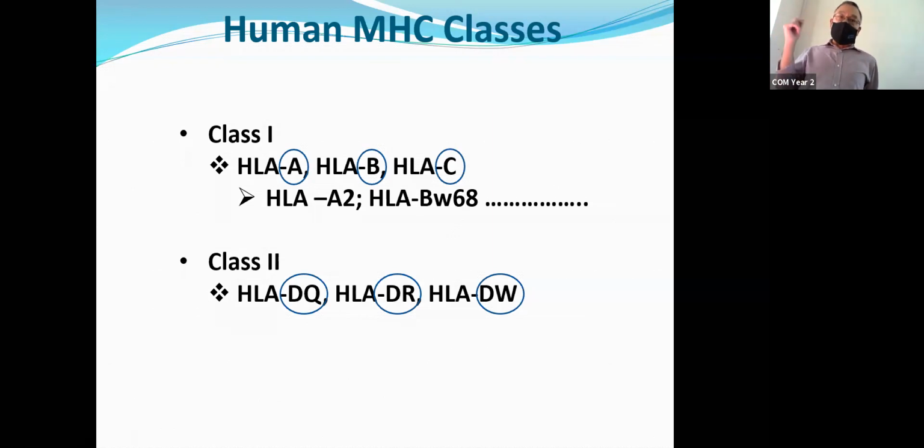So I said that class 1 is expressed on all nucleated cells. Class 2s are expressed on specialized cells in the immune system, predominantly in what are called professional antigen-presenting cells. These are macrophages, dendritic cells, and B lymphocytes.